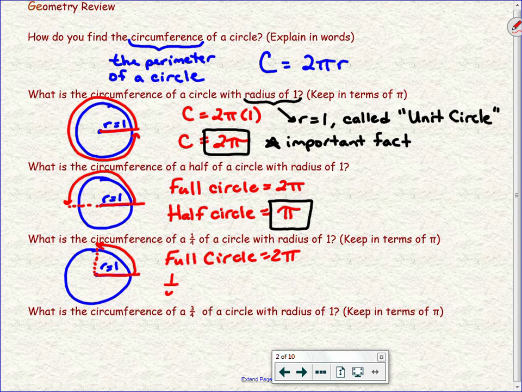One quarter of a circle is going to equal 1/4 times your 2 pi, or a half a pi. And what you're going to find is we won't be using the 1 in front of there. What we're going to write it as is pi over 2.